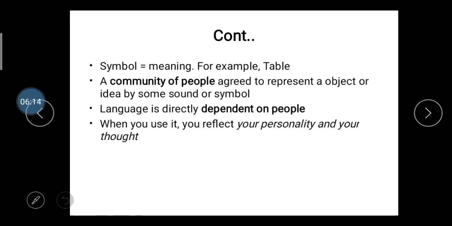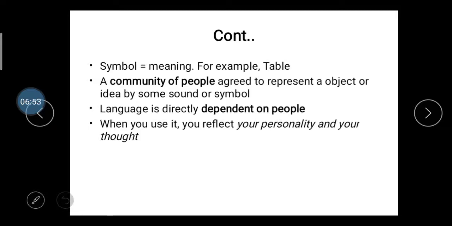Then after, when you use language, you reflect your personality and your thoughts. When you communicate, a receiver can analyze your personality easily, because whenever you communicate as a sender, the receiver can get an idea regarding your personality, meaning what type of personality you have and what type of thoughts are in your mind regarding the receiver.